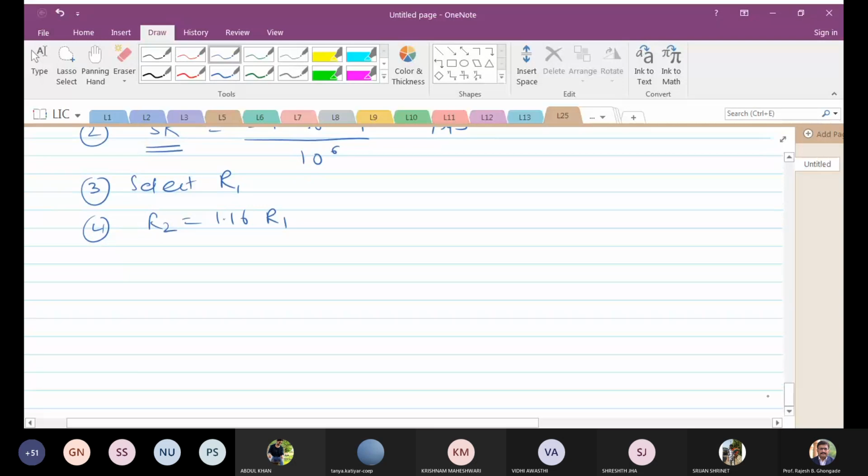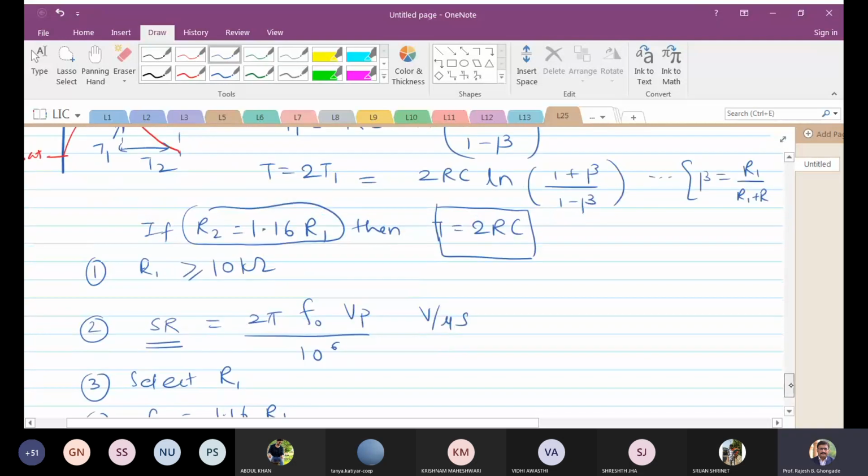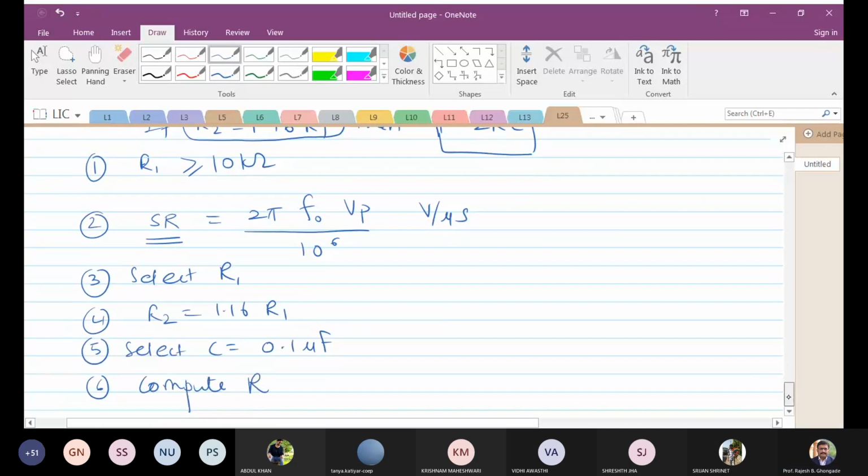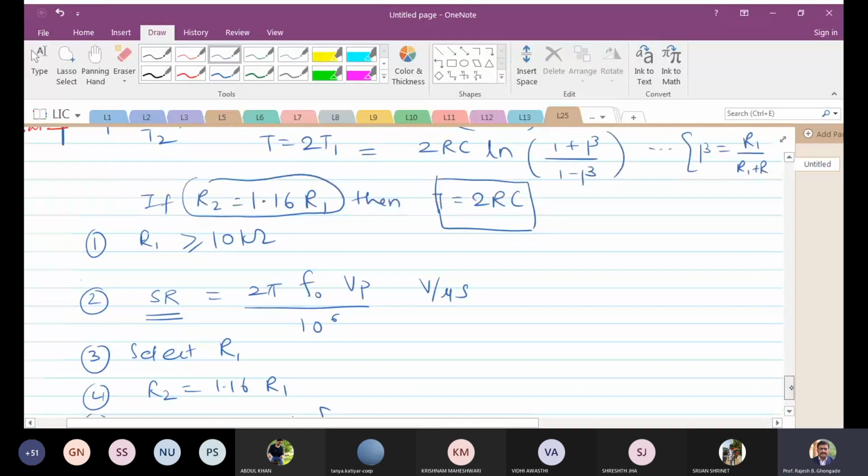ठीक है ना? Yes, sir. Select capacitor generally as 0.1 microfarad for most of the times. In the audio frequency range, we select capacitor as 0.1 microfarad. Compute R. You already know how to compute R. With this equation, T equal to 2 into RC, isn't it? So what is the value of R?